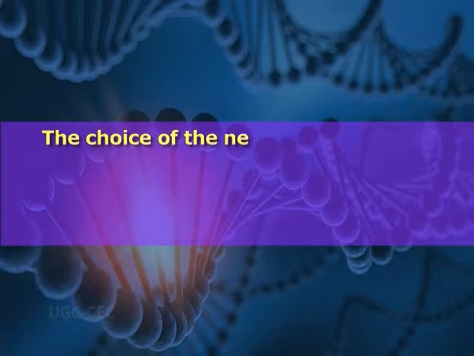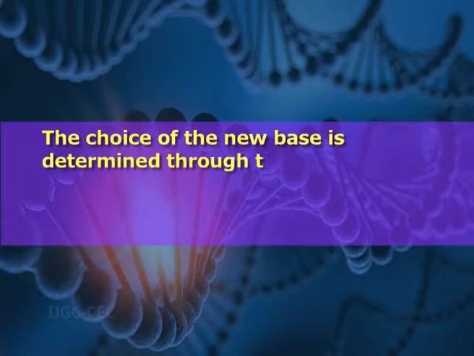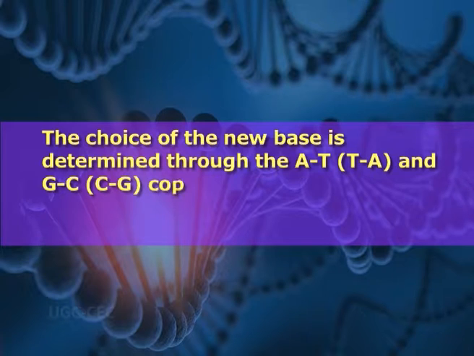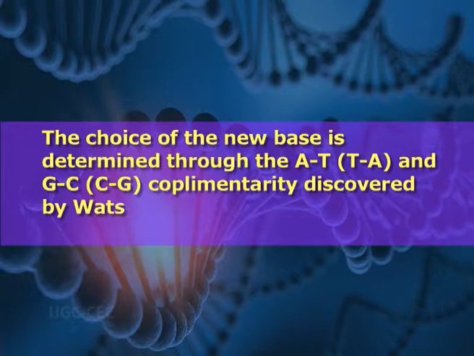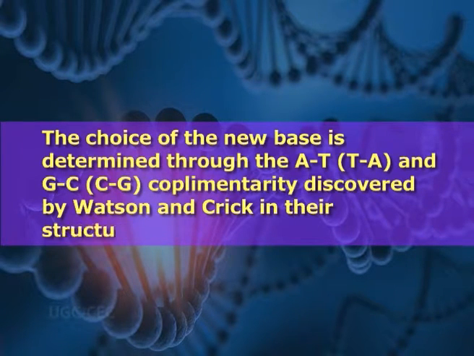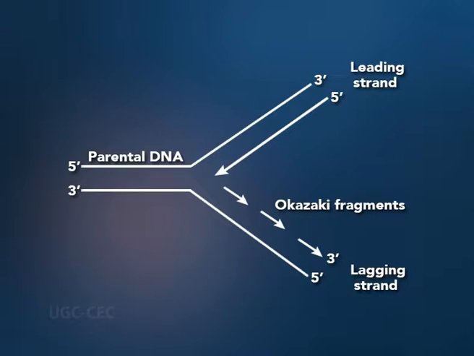The choice of the new base is determined through the AT-TA and GC-CG complementarity discovered by Watson and Crick in their structure of DNA. Now you will remember that DNA pol 3 can synthesize only in the 5' to 3' direction. Further, only one DNA pol 3 is at work at a replication fork.